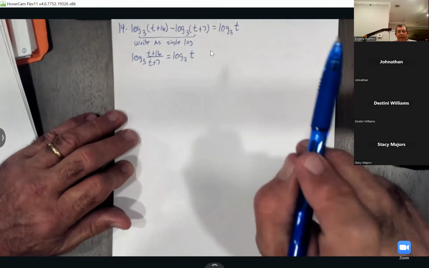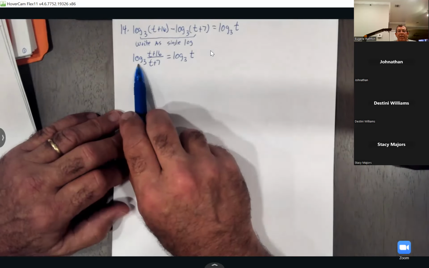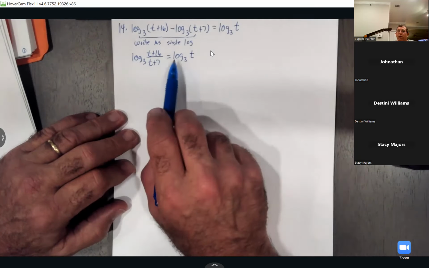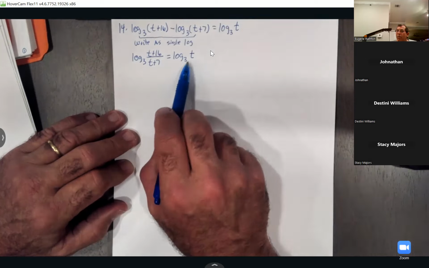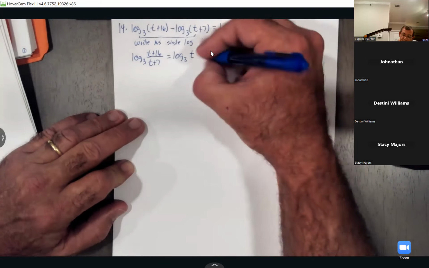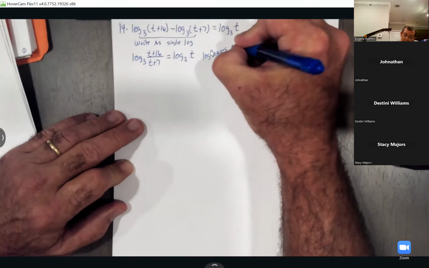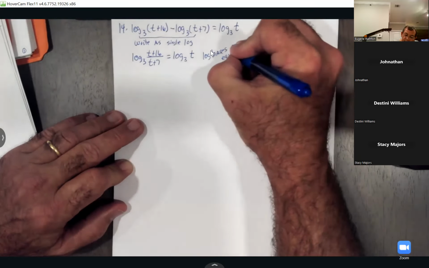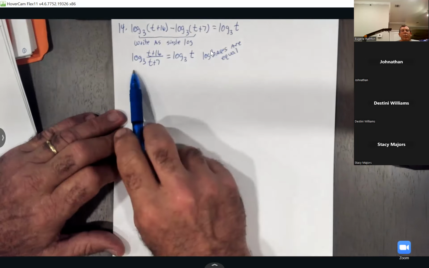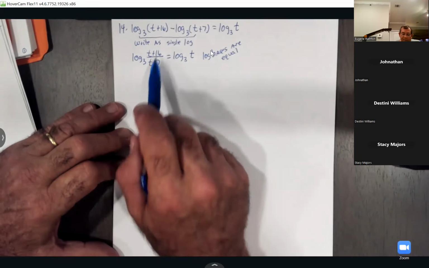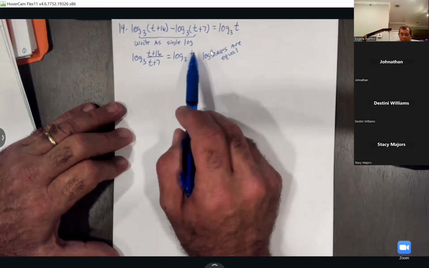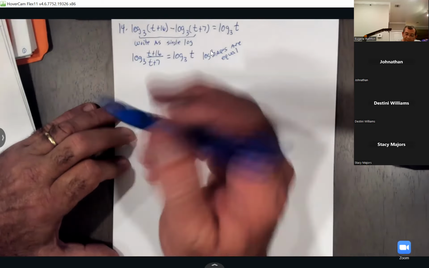But do y'all see what I got? I got a log base 3 on the left side equal to a log base 3 on the right side. So my log bases are equal. So when my log bases are equal, that means this result equals this result.